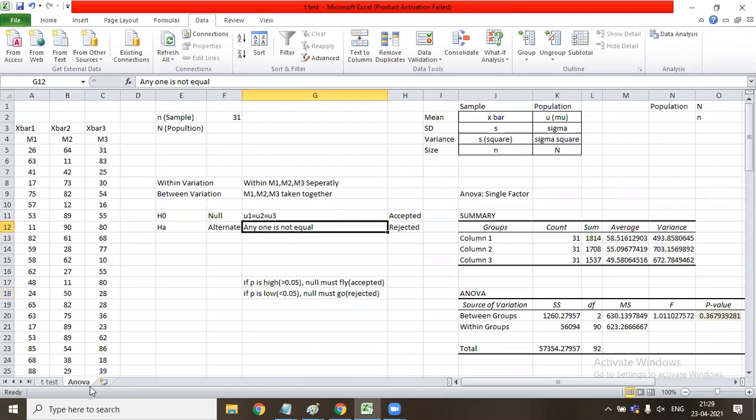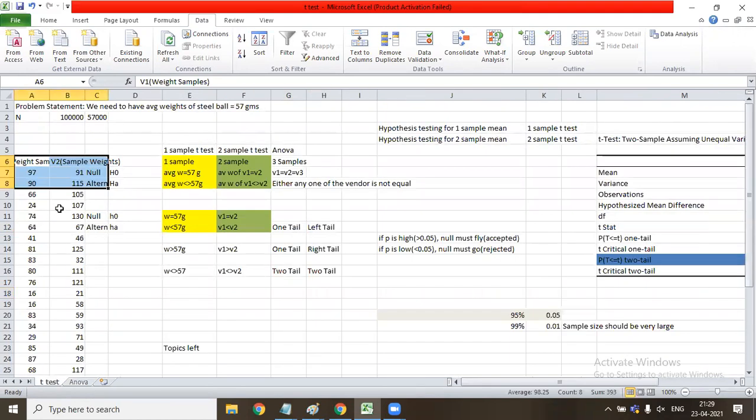In the same example, vendor 1 and vendor 2 yesterday, the means of vendor 1 and vendor 2 are not equal when it comes to the population, which means we should not ask vendor 2 to supply us the material, because whatever he gives in the population will not match. This is the approximation we got about the population with hypothesis testing.